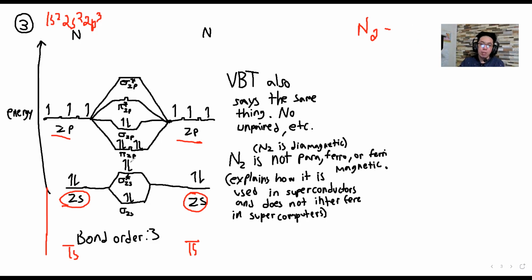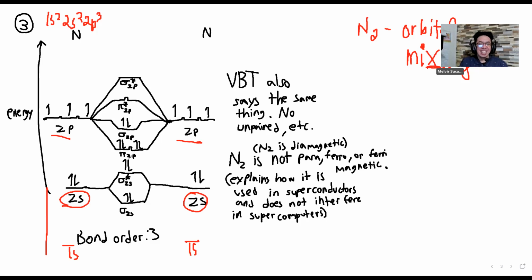What's the term for this one, where the pi 2p becomes lower than the sigma? The term is orbital mixing.